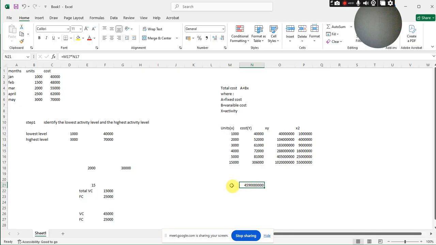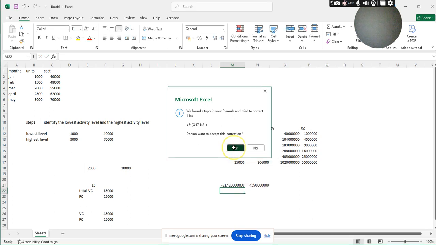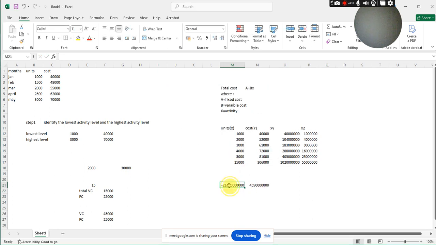So we can say it's equal to 5 open bracket this minus this, close your bracket, enter. Yes, so why is this thing giving me minus sign now?